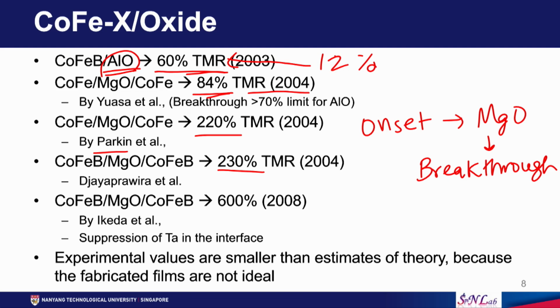After that people did more research. In the laboratory we can have 600 to 1000% TMR, but as I mentioned, in the industry they can achieve 200% TMR reasonably well.